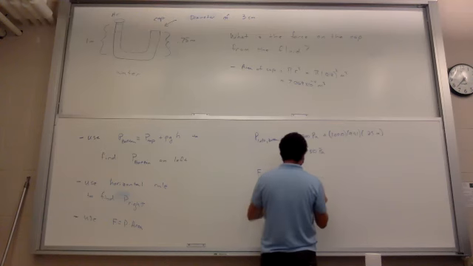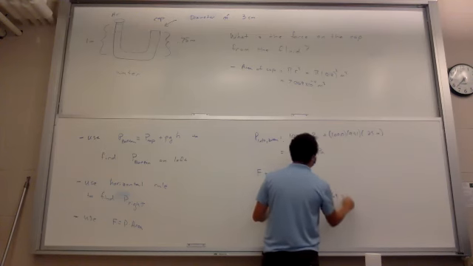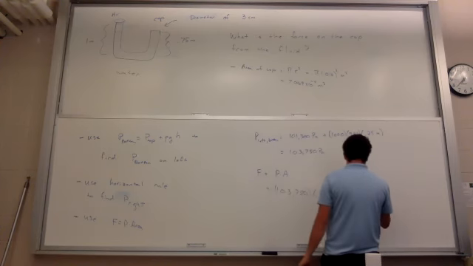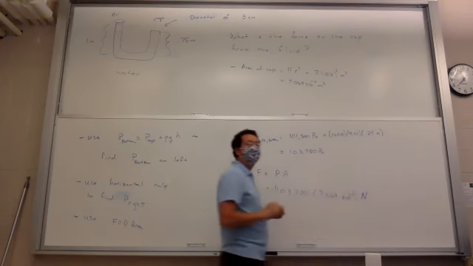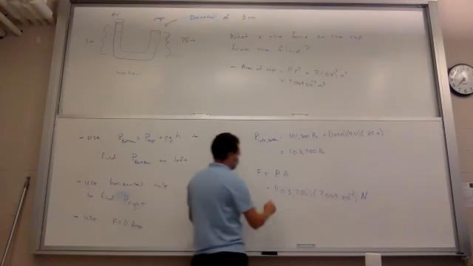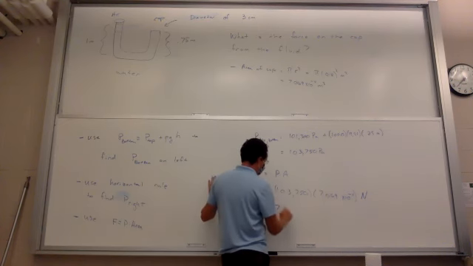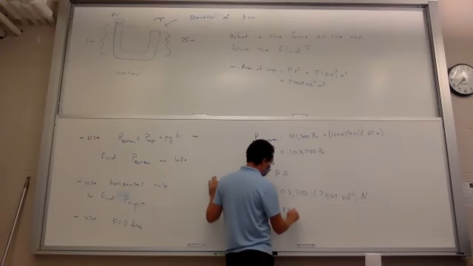You have to get the area in the right units: 7.069 times 10 to the negative 4. What number do you get? Got 7,334. 7,334 newtons.